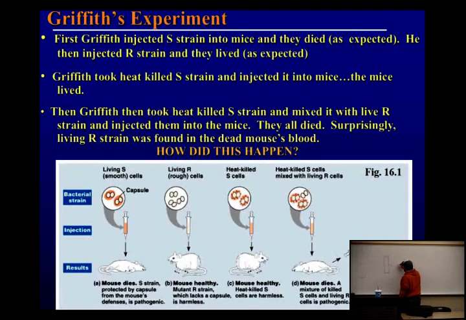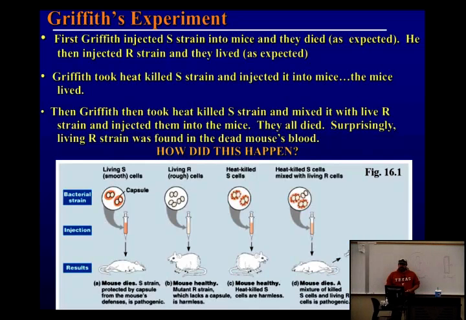And so the antibodies now can recognize and bind to it. By the way, this is called the R form because it looks rough under the microscope. What do you think happened to you? You fought it off and you live. So this one kills you, this one you're okay with.